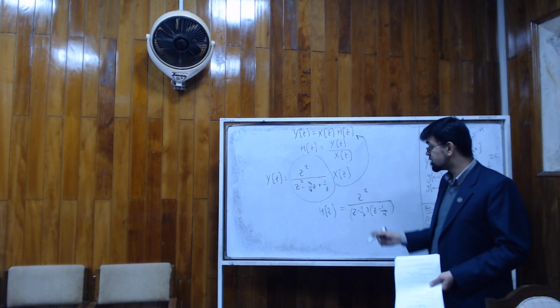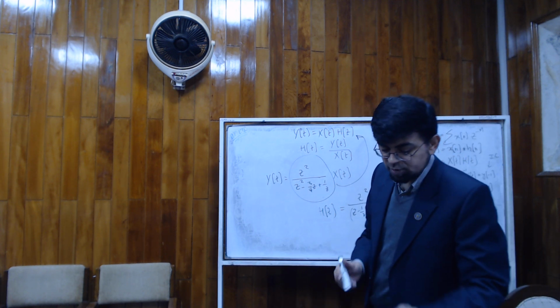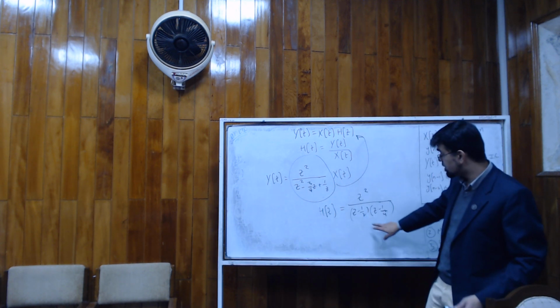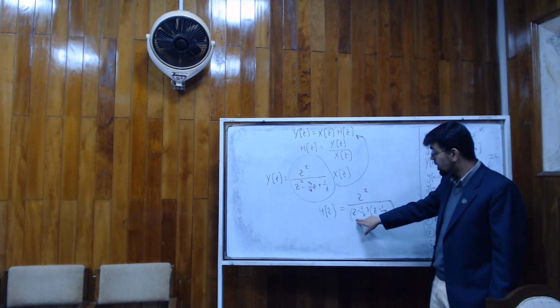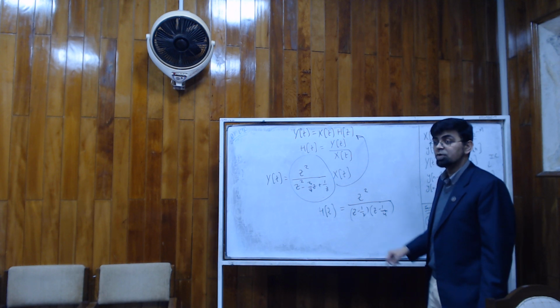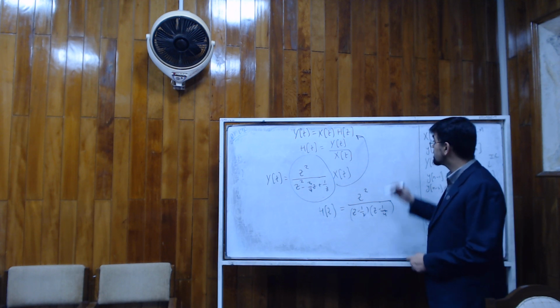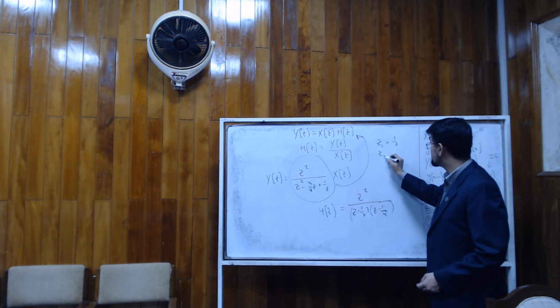What are the poles of this system? Poles are the zeros of the denominator, remember? So then what are the poles here? Half and 1 by 4.